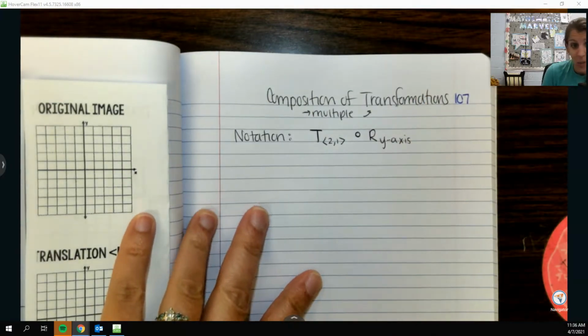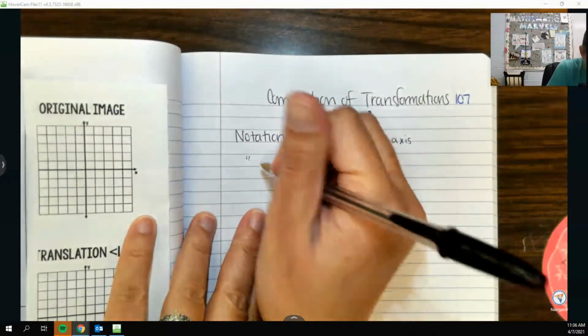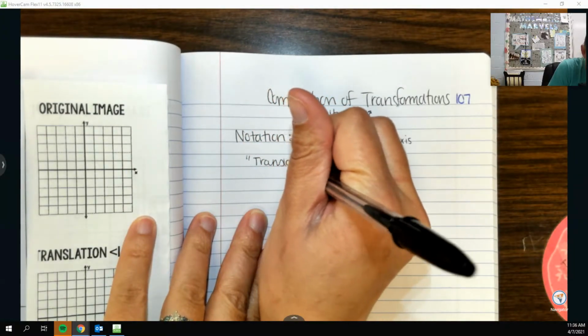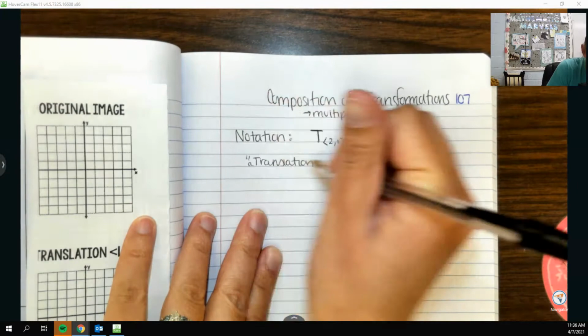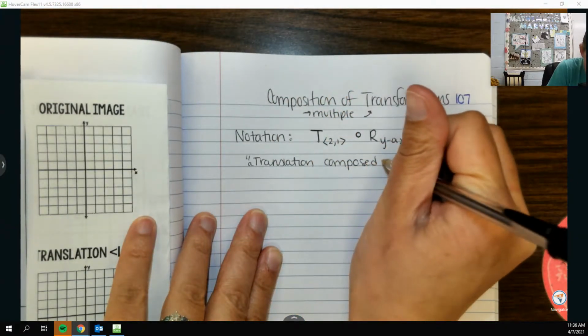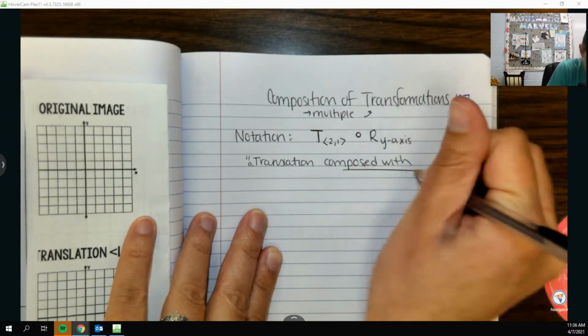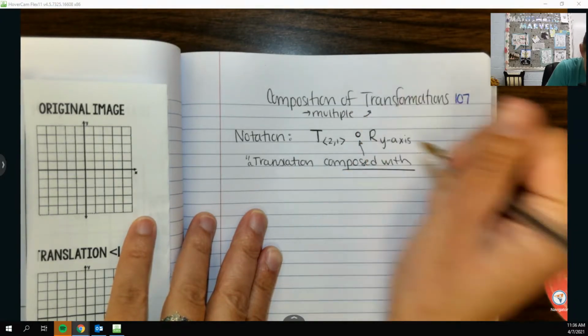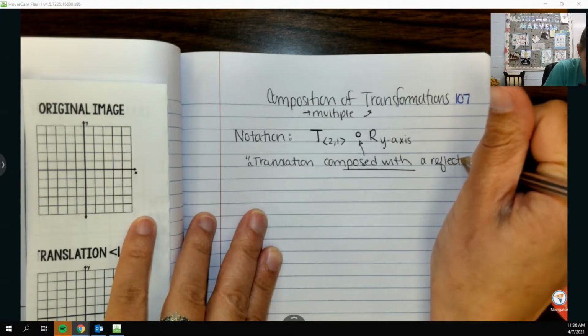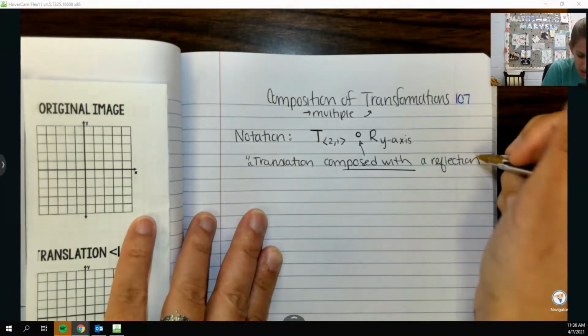First of all, the way that I say this is a translation composed with, so that composed with is that little symbol right there, a reflection over the y-axis.